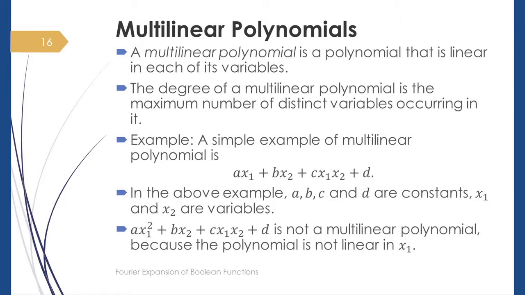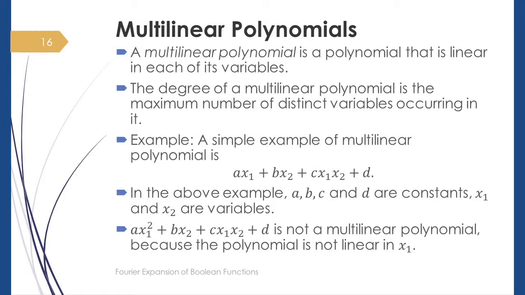As an example, you have the multilinear polynomial ax1 plus bx2 plus c times x1 x2 plus d. This has degree 2, and if you notice, x1 and x2, whenever they occur, are raised to the power 1. That makes it linear.